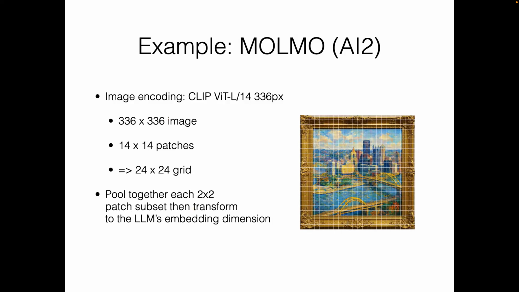And then they also did this trick for the connector, where they pool together these 2x2 subsets of the patches and then transform them and provide those to the LLM. Again, the reason I'm saying this is just to give you the sense that you have the general pipeline and then each part of the pipeline you can refine a bit. If you read through the MOLMO paper, you'll see these different tricks being done.